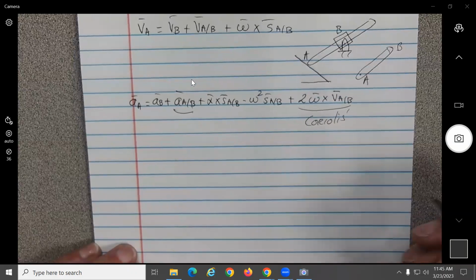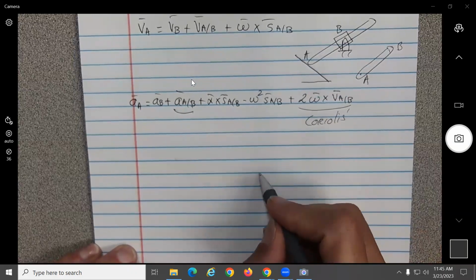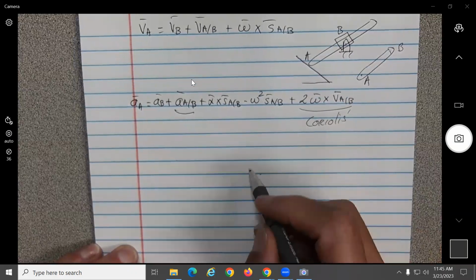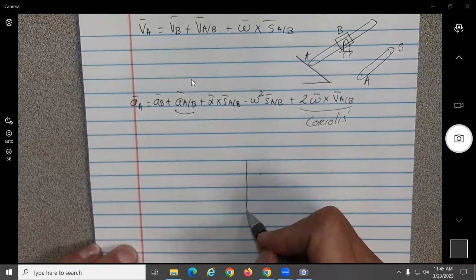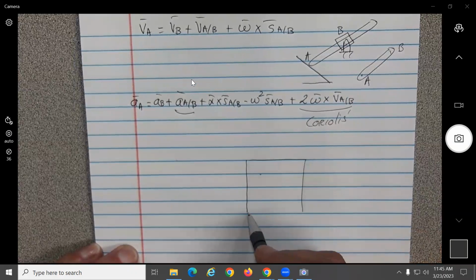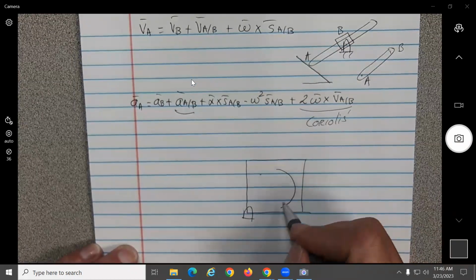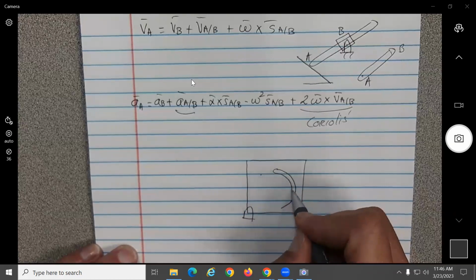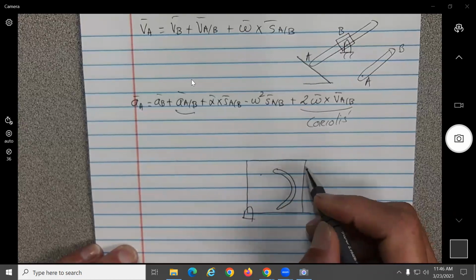So what type of problems did we solve? I know we did a plate with a little slit in the bottom. Correct. I think we did a problem with a bar rotating like this. Was that the problem? What was attached to what here?